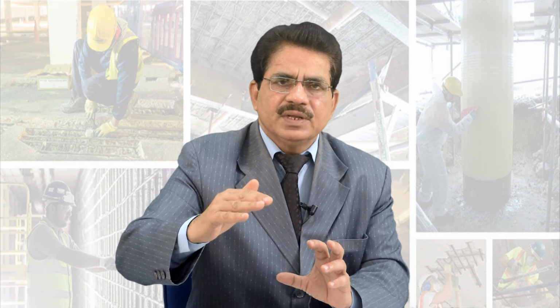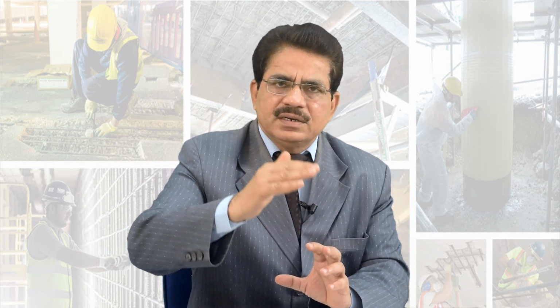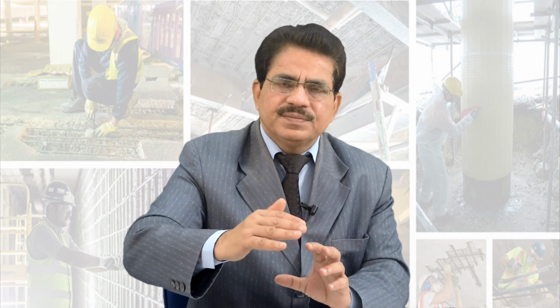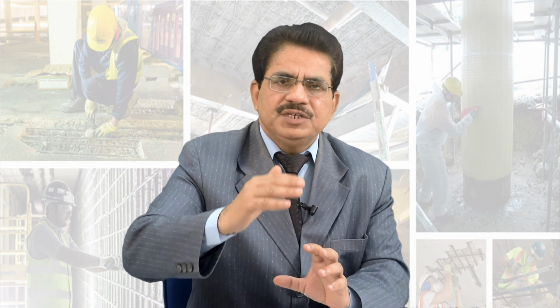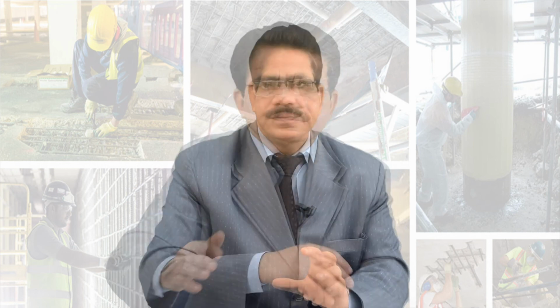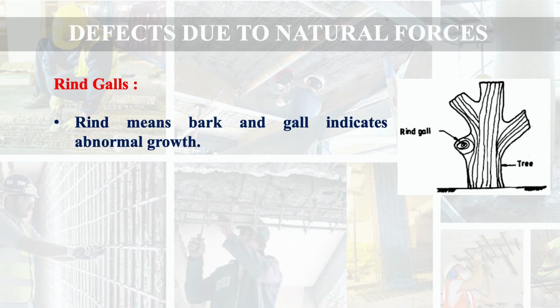So these are the classifications of knots. Earlier I discussed with you the classification based on size, and in table 2, classification of knots based on form and quality. Now let us look at another defect, that is rind galls. Rind means bark and gall indicates abnormal growth.